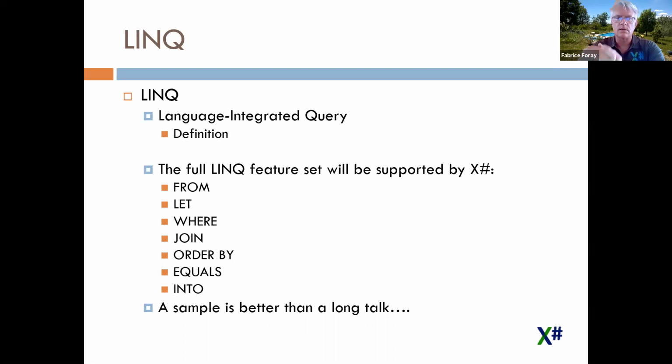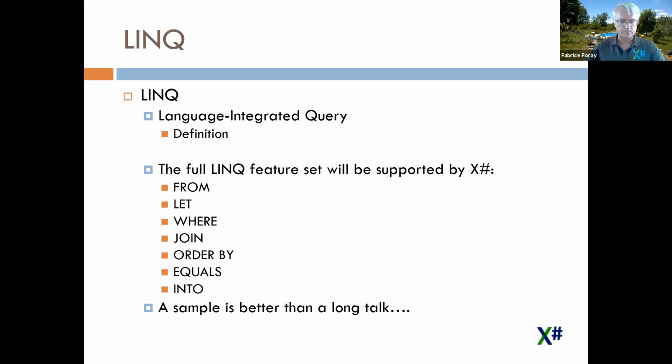LINQ is supported by X#, the same way it is supported in C#. So if you find some samples written using LINQ in C#, and we will see that a little later with ILSpy, rewriting them in X# is very easy because we are using the same keywords in the same places and in the same order.